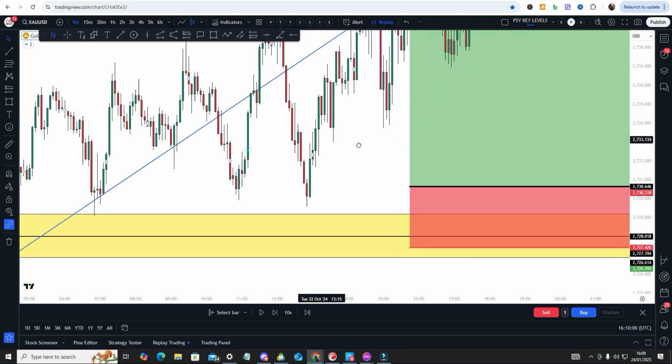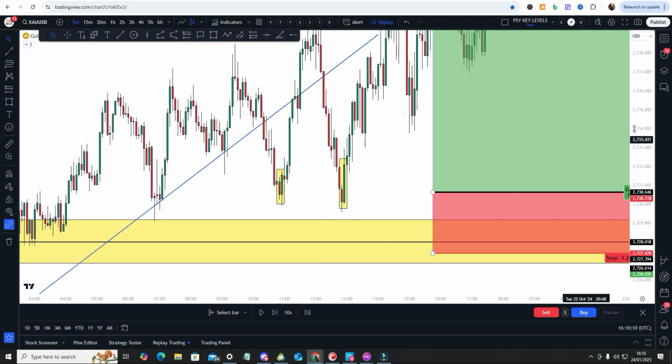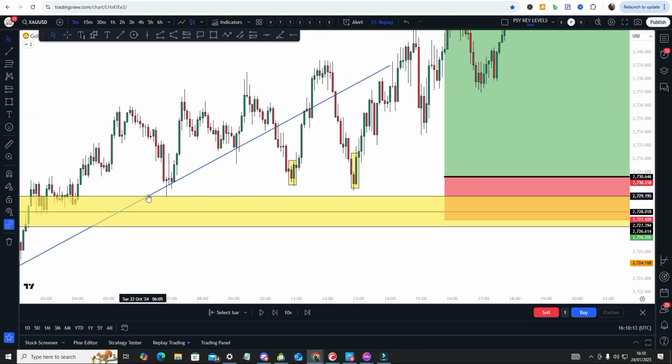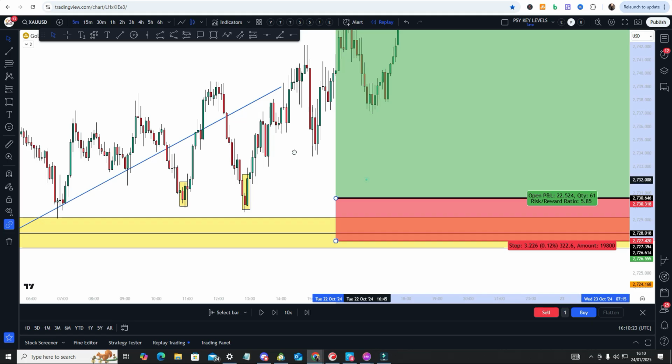And what you can use, guys, you've got two patterns here: bullish engulfing and another bullish engulfing. Look at this, beautiful rejection even off the trend line, but I'm not a trend line trader, so it just caught my eye. Okay, bullish engulfing, bullish engulfing.